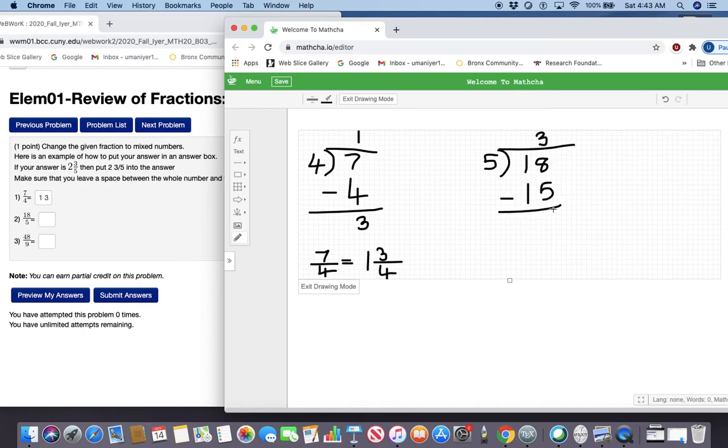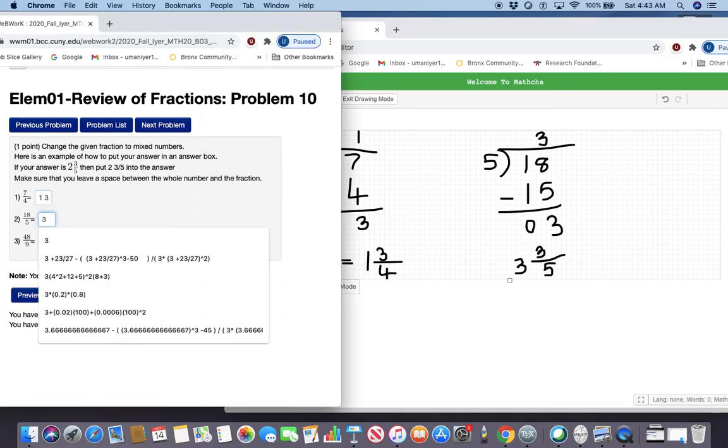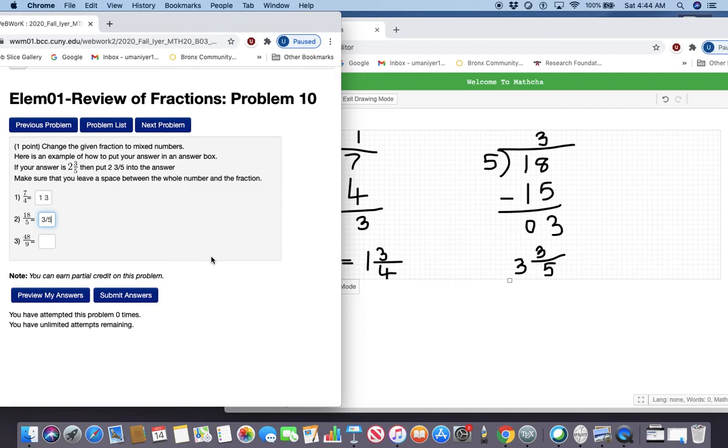When you subtract, I get a 3 and nothing more. So that's the whole part. This is the remainder over 5. 5 is the divisor. So the denominator continues to be the denominator in your fractional part. Whole part, fractional part. So 3 space 3 over 5.